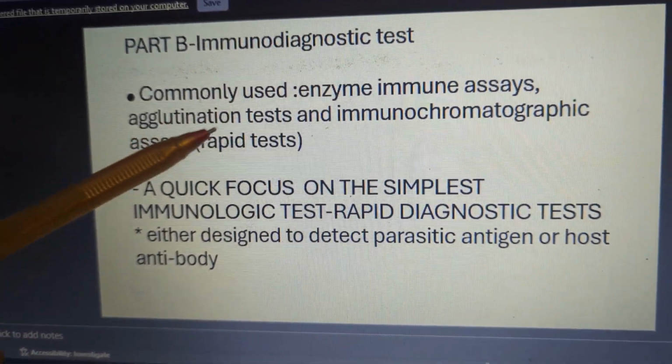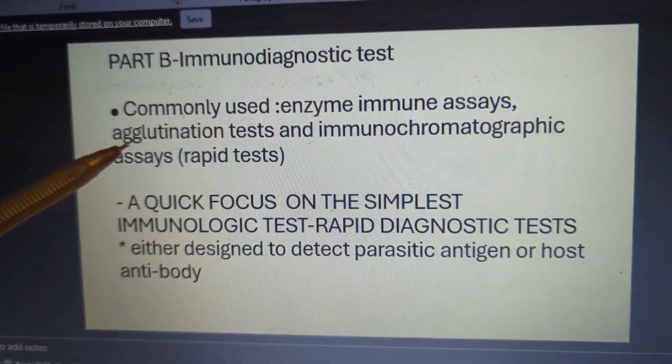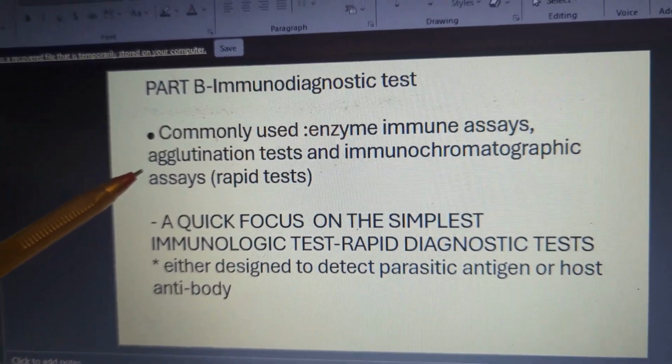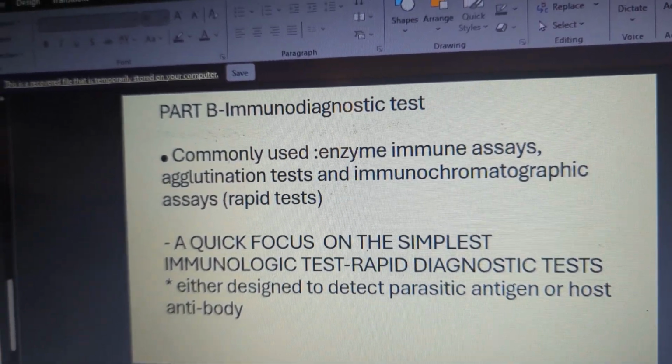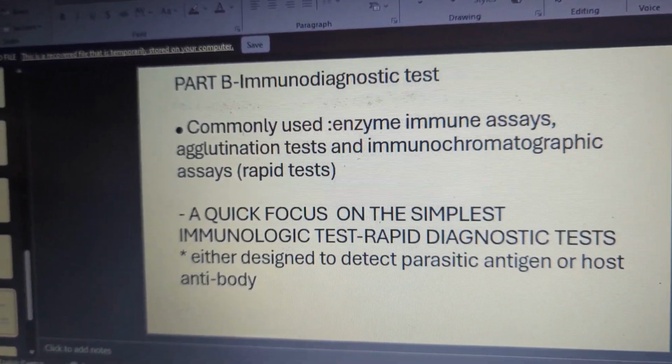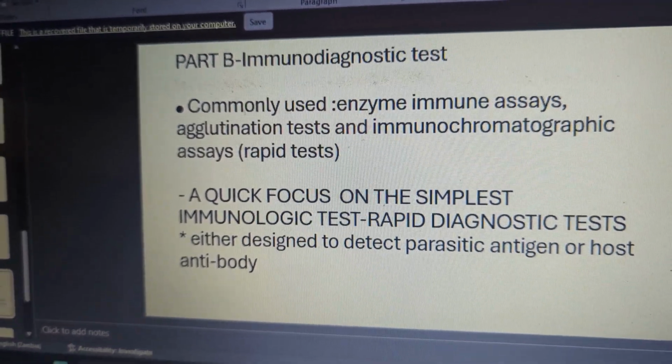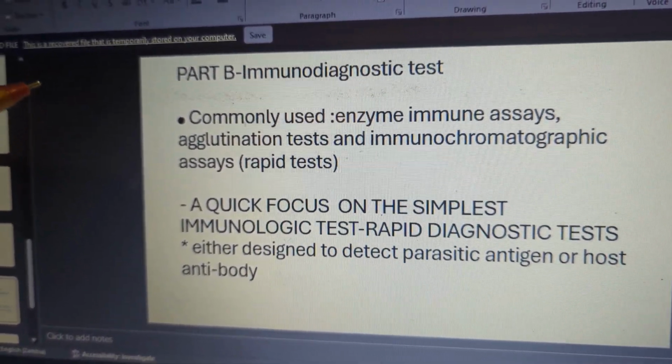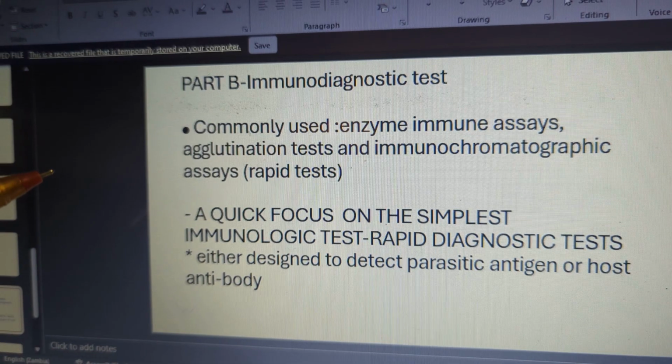This one you will find especially with Trypanosoma brucei gambiense, where we use it for screening purposes in large populations. Okay, so that's another commonly used immunodiagnostic test.